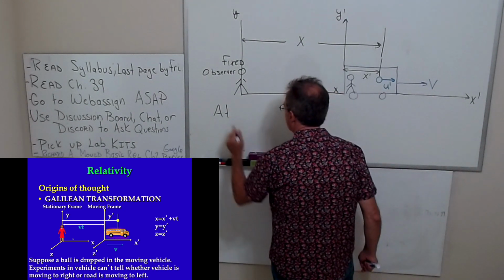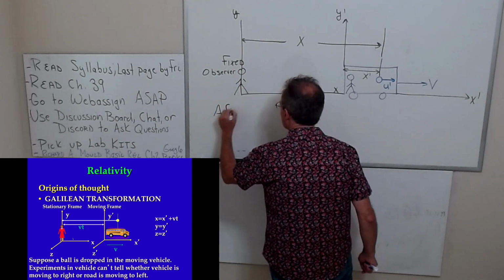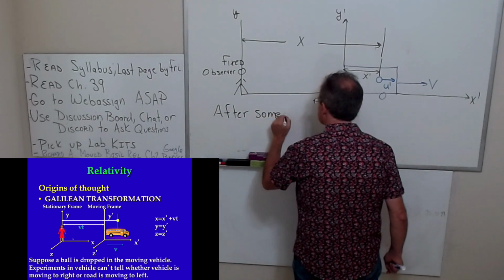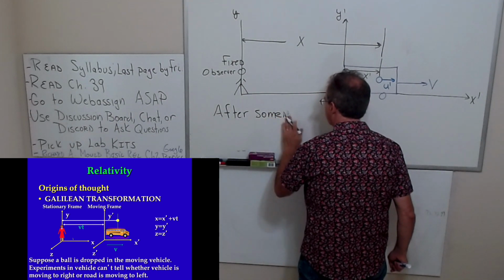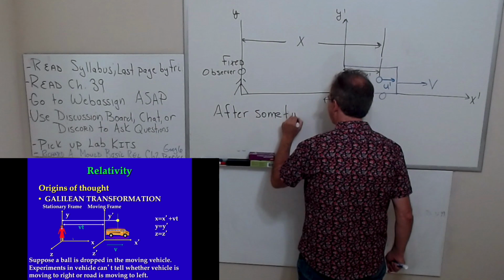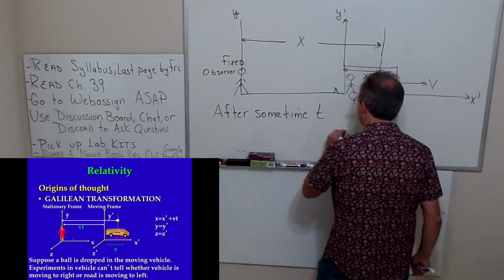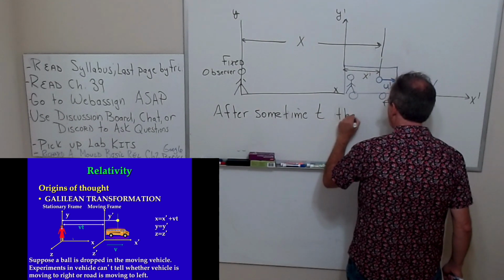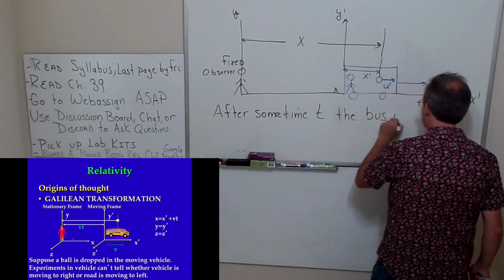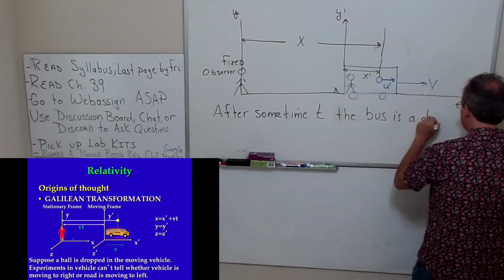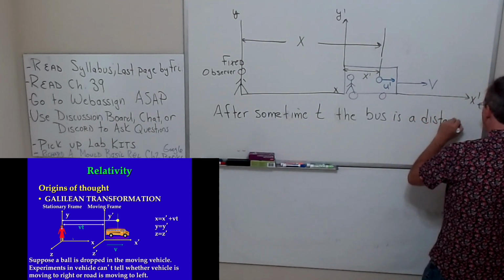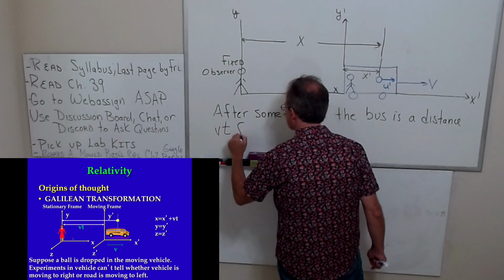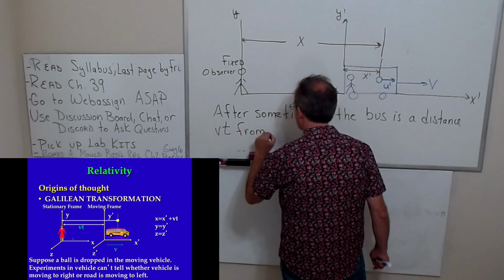Okay? So after some time t, the bus is a distance v times t from us, from the observer.